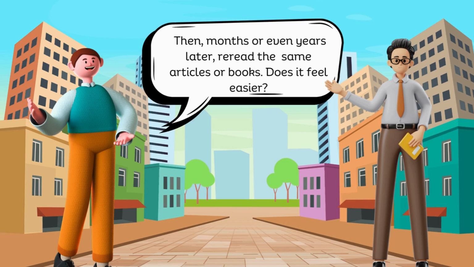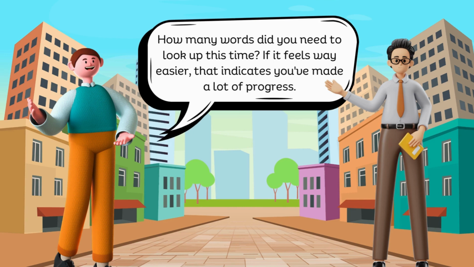Then, months or even years later, reread the same articles or books. Does it feel easier? How many words did you need to look up this time? If it feels way easier, that indicates you've made a lot of progress.